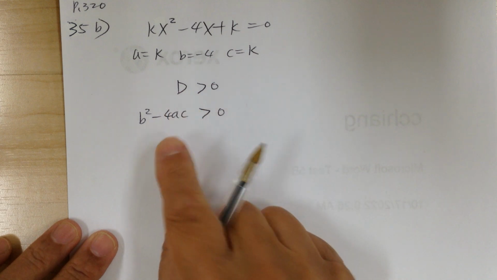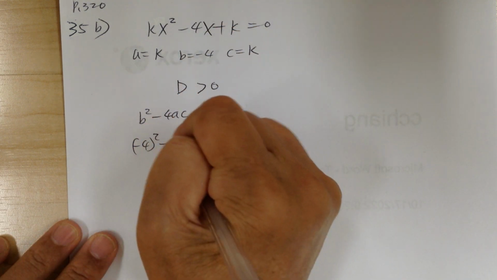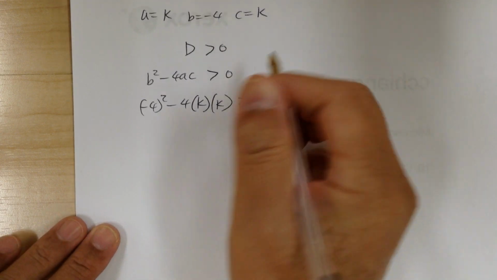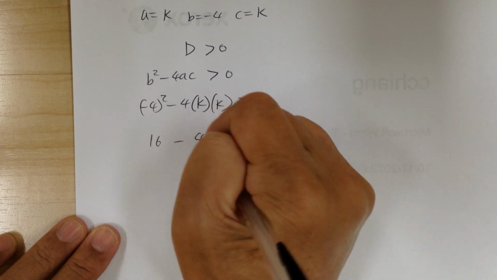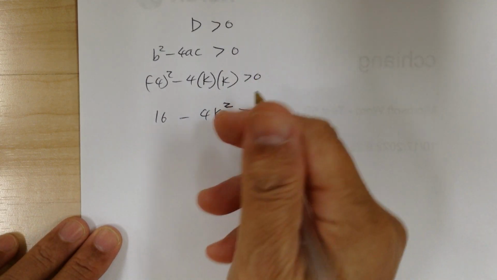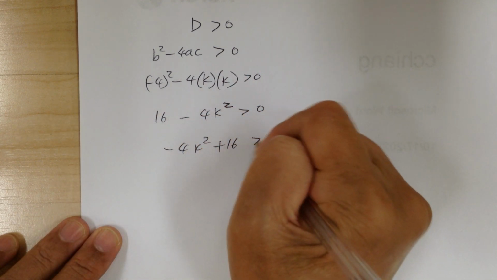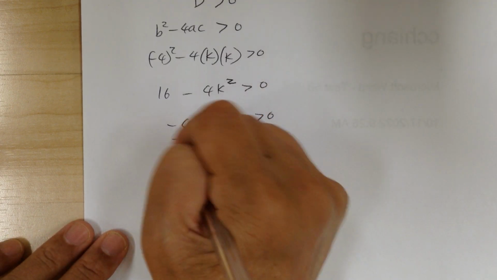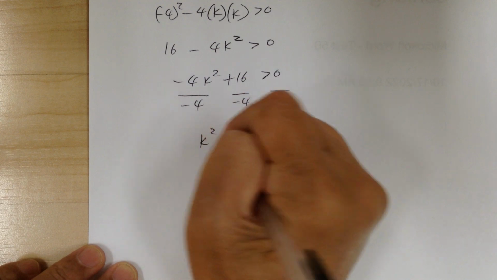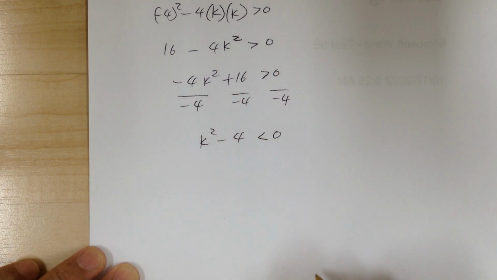After you substitute in the numbers, you got negative 4 squared minus 4k squared is greater than 0. So you got 16 minus 4k squared is greater than 0. And again, I'm going to switch the terms, and divide by negative 4 to lower my number. So I got k squared minus 4. Now when you divide by a negative number, you have to change direction.